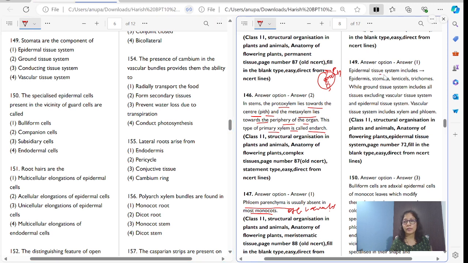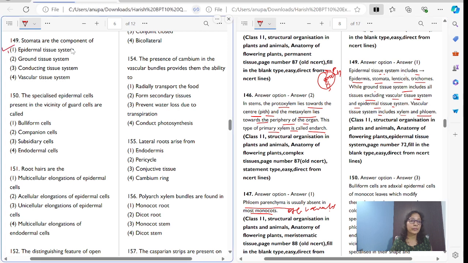So epidermal tissue system includes epidermis, stomata, lenticels, trichomes, while ground tissue system includes all tissues excluding vascular tissue system and epidermal tissue system. Vascular tissue system includes xylem and phloem. Hence, the answer for this question will be option number 1, that is epidermal tissues, because stomata are present in the epidermis of the leaf.